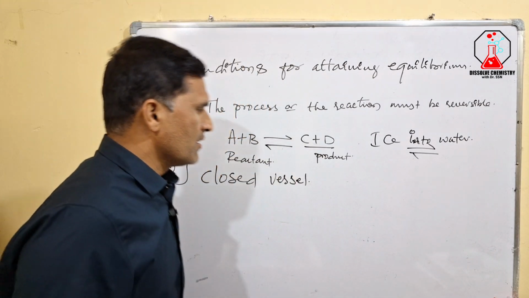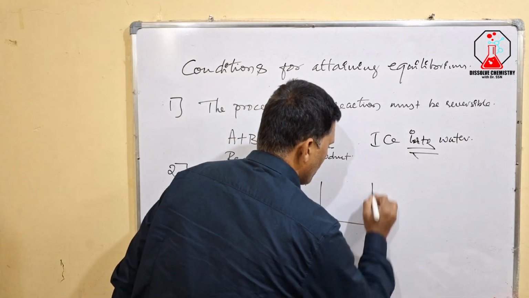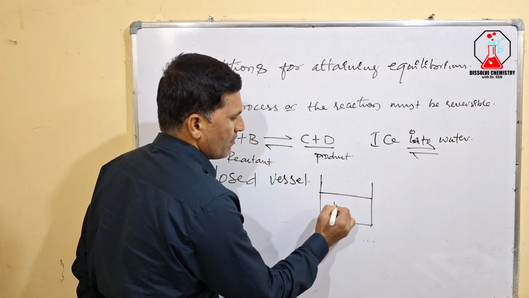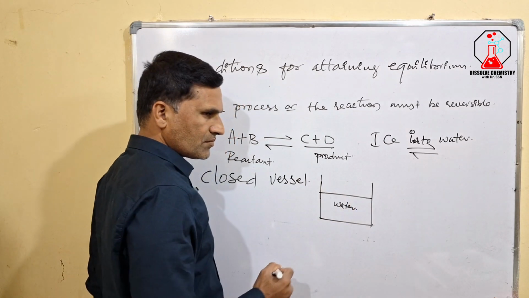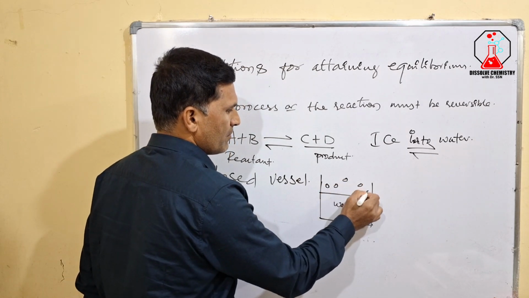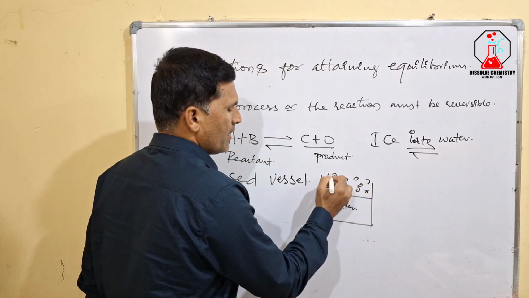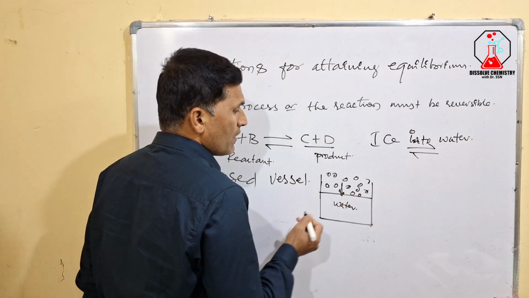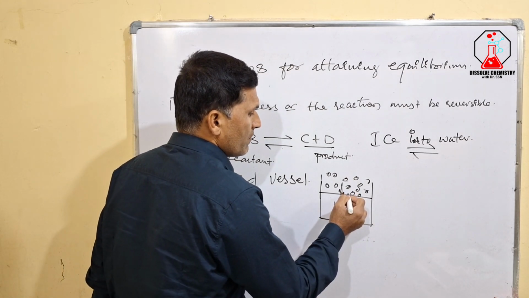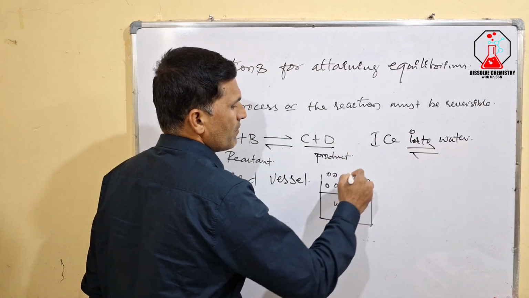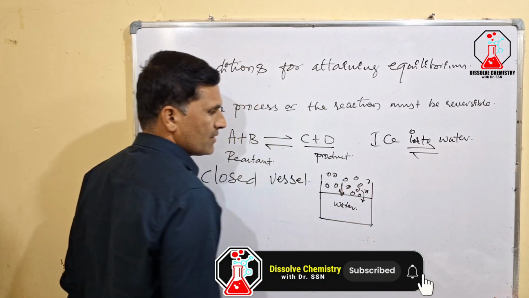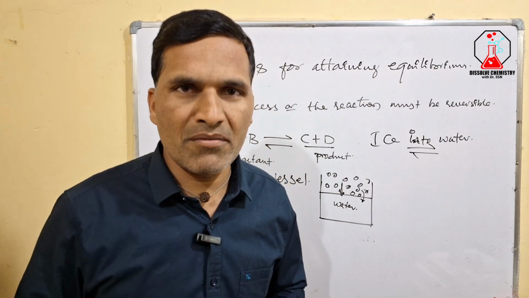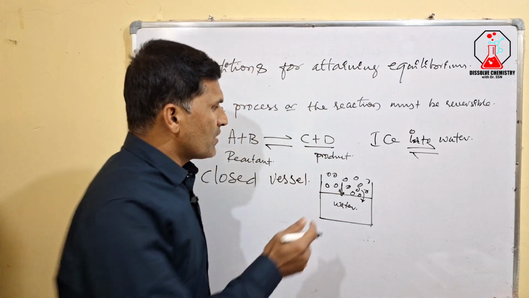Say I have taken water. It vaporizes and forms vapor over it, and this vapor exerts a vapor pressure on the surface of the water. The number of molecules escaping into vapor form and the number of molecules condensing back, if they become equal, then we call it a dynamic equilibrium between water and water vapor.